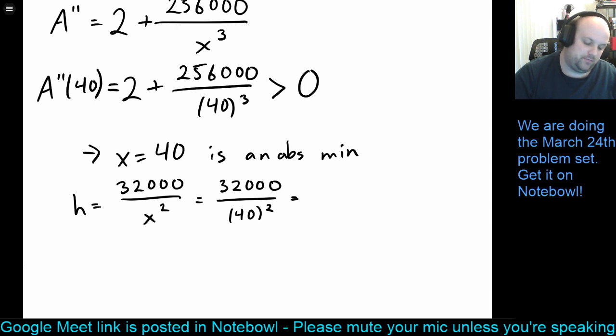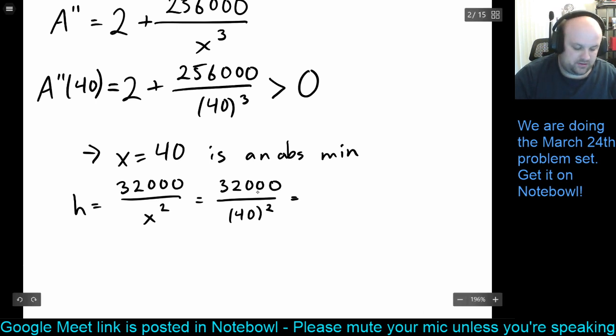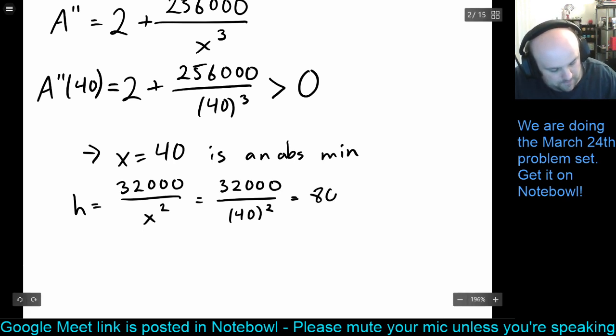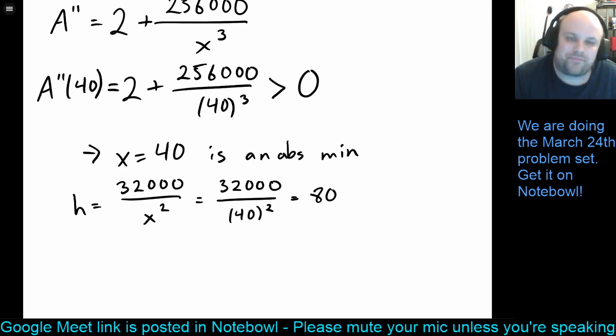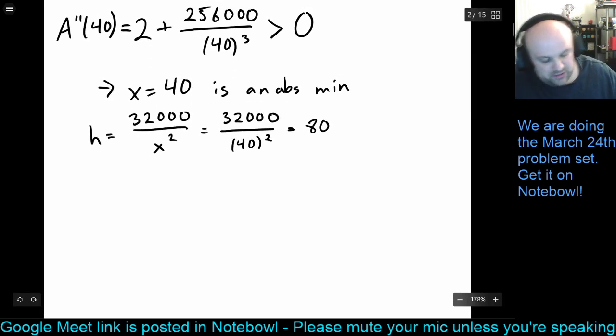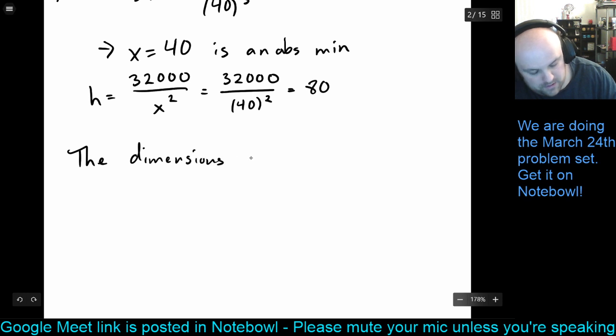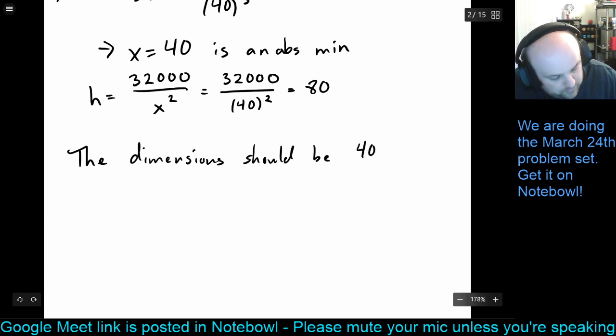Let's see. So 2 of these zeros are gone. This is 80. Right? So the dimensions we're looking for should be 40 centimeters by 40 centimeters by 80.